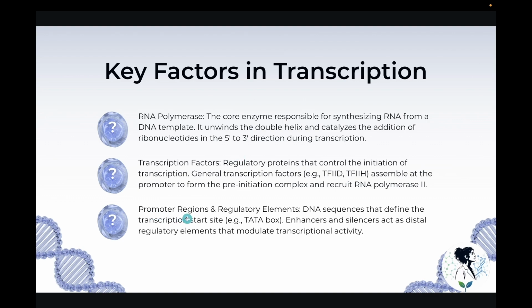Regions of DNA like the promoter region and other regulatory elements are DNA sequences which define the recruitment of transcription factors, the transcription start site, and other regions such as enhancers, silencers, etc.